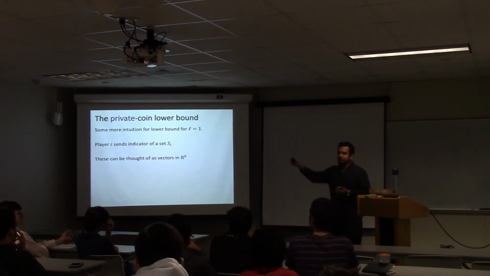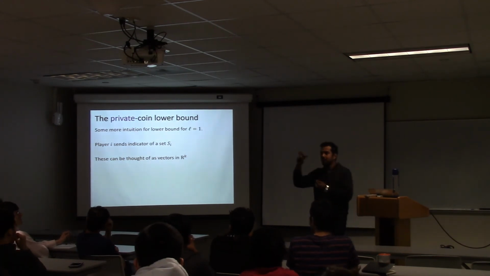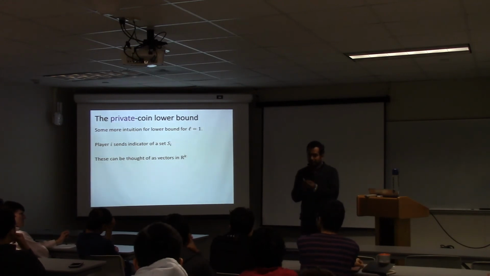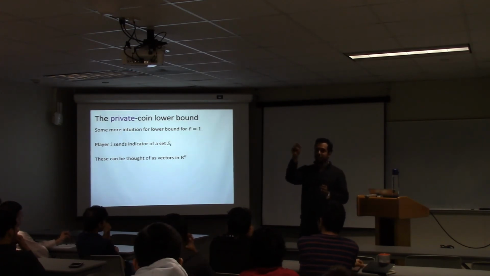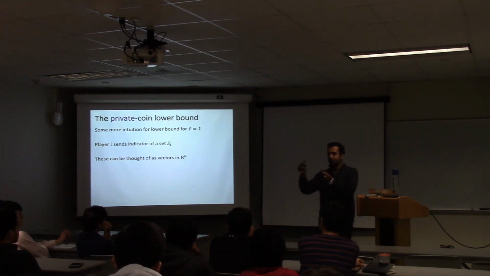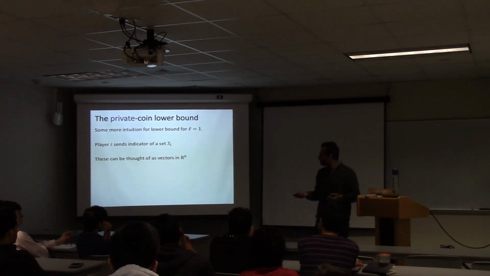What we try to do is look at these sets as vectors in k dimensions. Each player sends an indicator of some set; in other words, they give you information in some particular directions. For example, previously when you had sets of size 1, they give you information along these coordinates. More generally, you get these vectors, which form some kind of matrix.